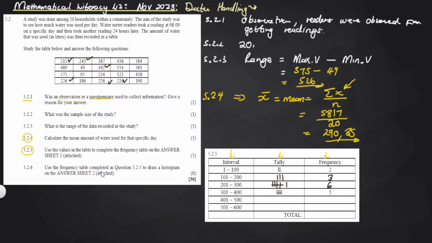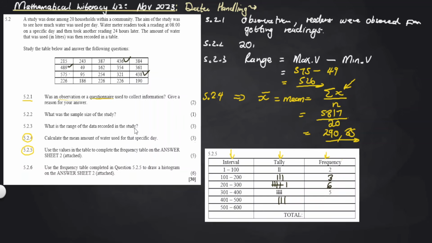400 to 500. 401 to 500. Okay, I can only count 3. 1, 2, 3.